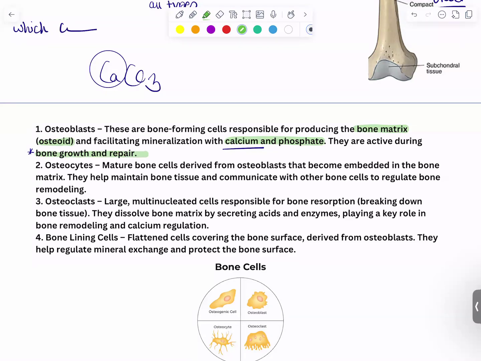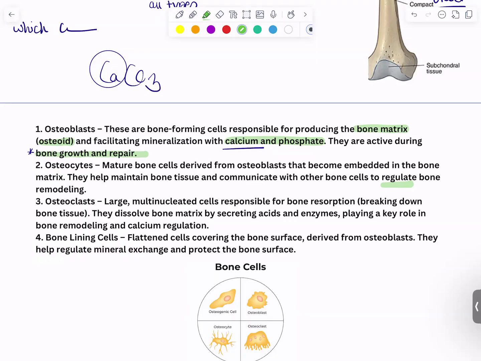But osteocytes are responsible for regulating it, because we have the bone matrix and we are not going to remove it easily. So regulation, mainly the mineral content of the extracellular matrix, and regulating bone remodeling.